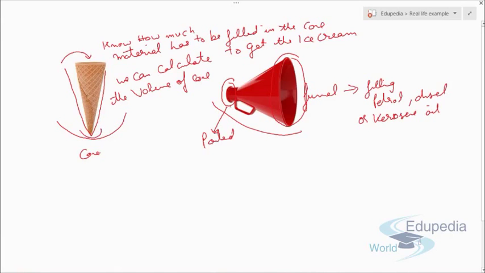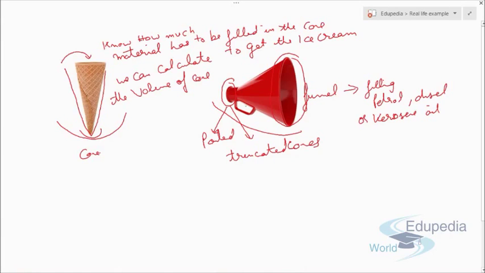These types of cones are actually known as truncated cones, right? You will learn more about this in the higher classes, how we can calculate the area and volume of truncated cones, so you need not worry right now.